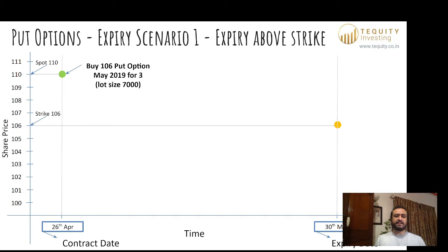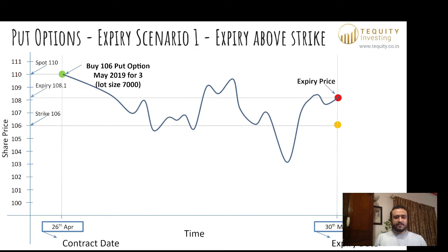So the strike is 106. Hope this is clear. Now let us check out the first scenario where expiry is above the strike price. Looking at this chart, this is how typically shares will behave, up, down, and finally it expired at 108.1. That is the expiry price.